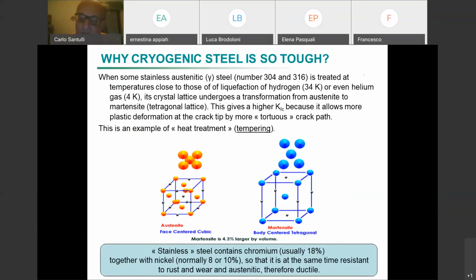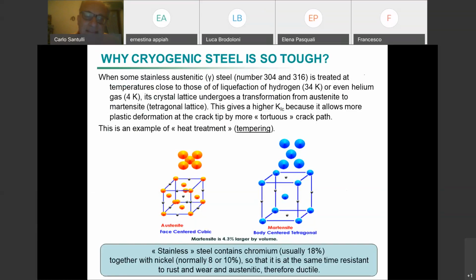In fact, most of the steel which is used, for example, in the kitchen, is stainless austenitic. It has 18% of chromium, and of course, being austenitic, it has an amount of a gamma structured metal, which is nickel. You always have nickel in austenitic steel, but in the case of stainless austenitic steel, you have at least 18%, normally 18% of chromium. Okay, this is the general question about stainless steel.